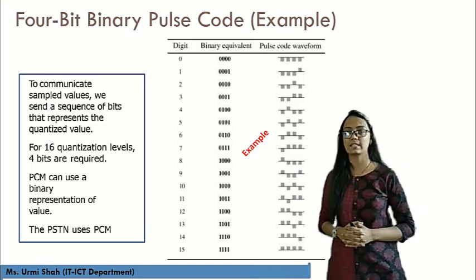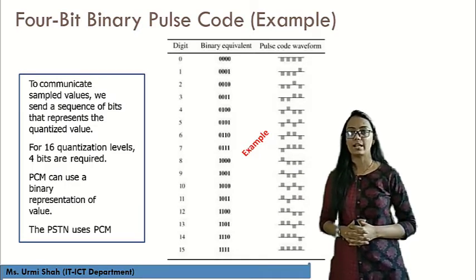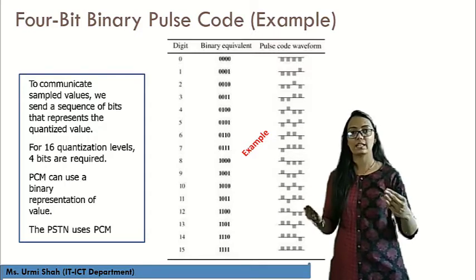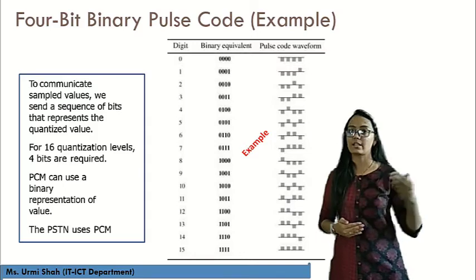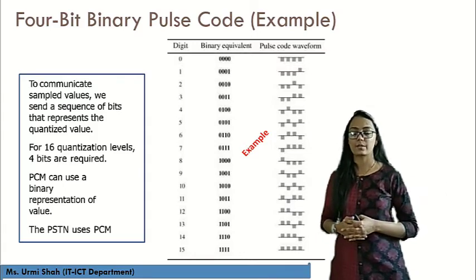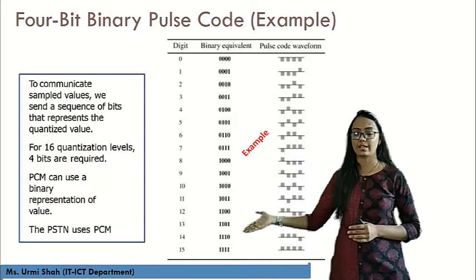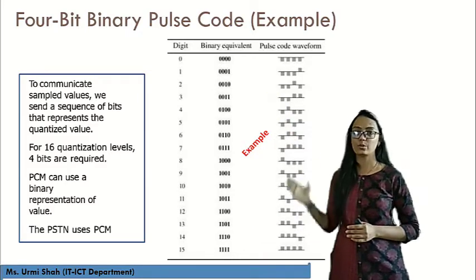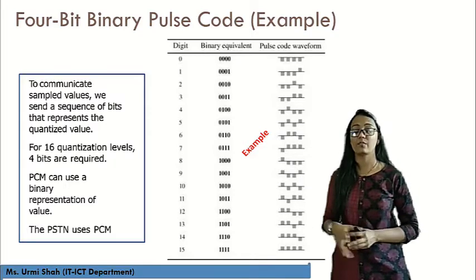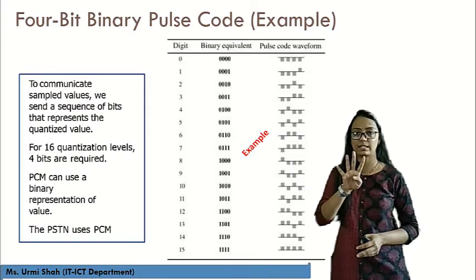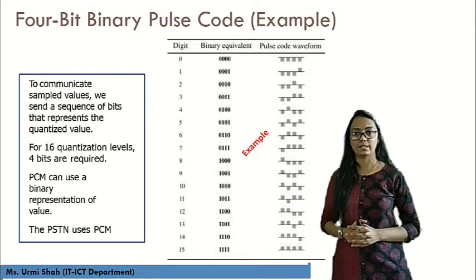The example says that if you want to communicate sampled values, we have to send a sequence of bits that can represent some quantized value. For example, here 16 quantization levels have been shown, from 0 to 15. A total of 16 quantization levels require 4-bit data at a time, as represented over here.